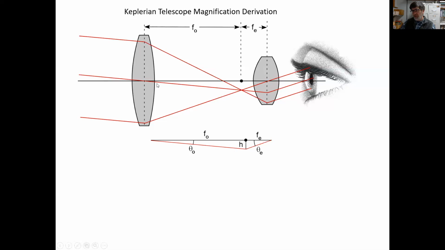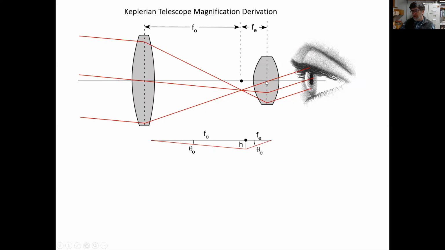The first ray is coming in at an angle I've called theta objective, or theta of the object. It's the same as the angle out here. That's the angle that these rays are off from the straight direction. So whatever is the angle between the straight on and the star we're looking at, that's theta O here.